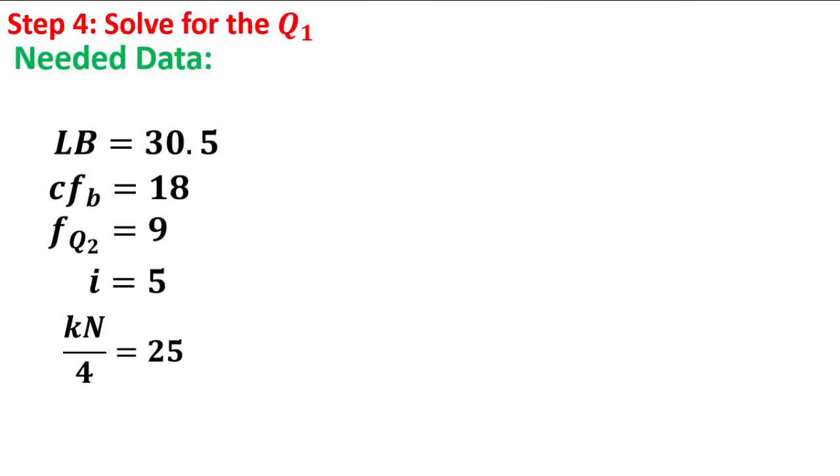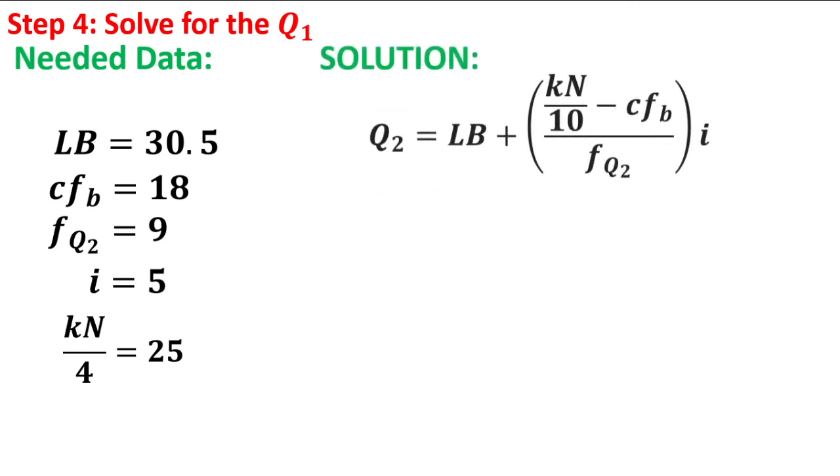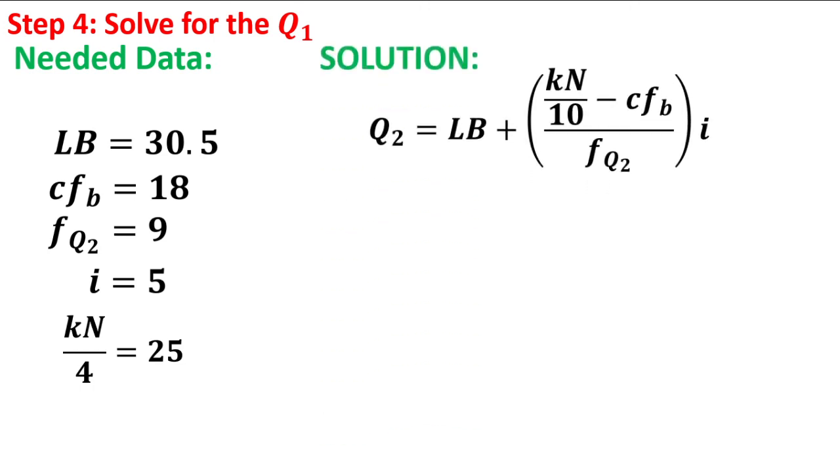Okay? Now, using the needed data, just simply substitute. Okay, so the lower boundary is 30.5. The cumulative frequency is 18. The frequency of the unknown quartile is 9. By the way, this is second quartile. Di ko siya na-edit. Okay, so for the second quartile.